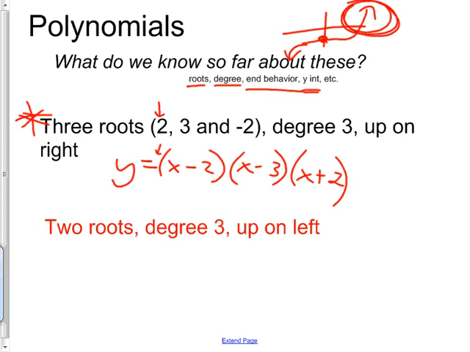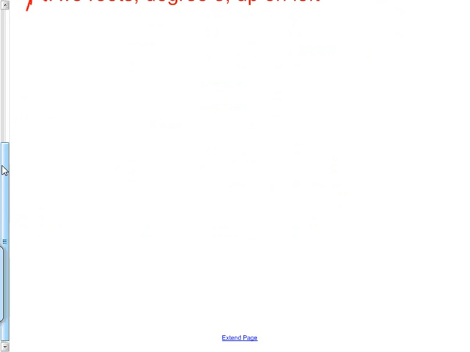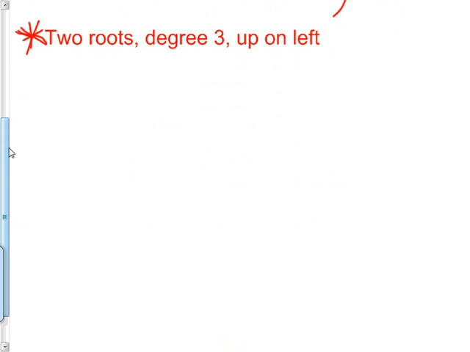All right, see if you can sketch me what that would look like. The red one. 2 roots. It's degree 3, and it's up on the left. Make me a little picture.